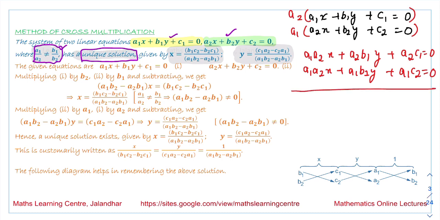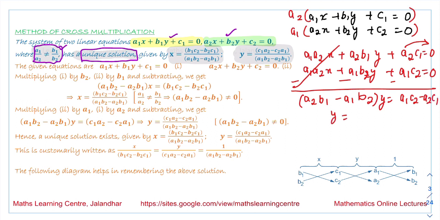When we subtract these equations, the x term gets cancelled. From this we get a2b1 minus a1b2, times y. If we send the other terms to this side, we get a1c2 minus a2c1.